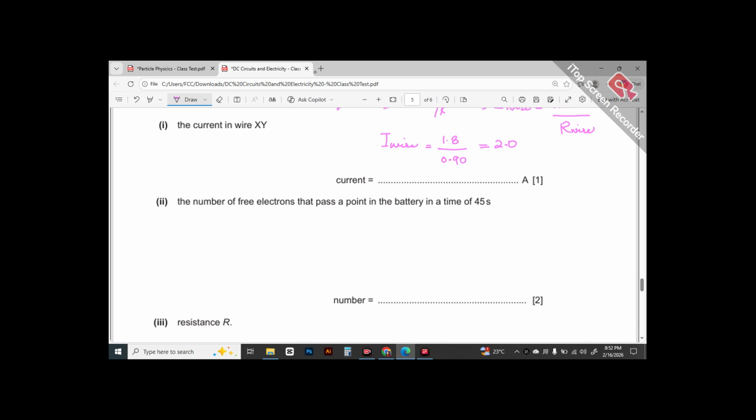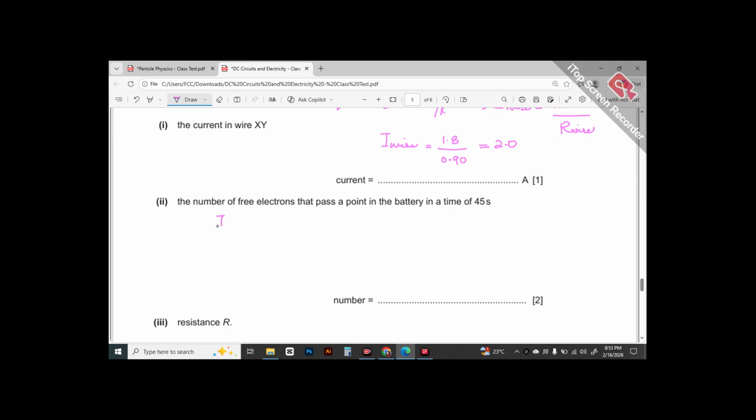We have to find number of free electrons. We cannot directly find free electrons, but yes, since we already know the current, using current and time, we can find the total charge passing in 45 seconds. And once we know the total charge passing, मुझे पता है charge on one electron क्या है, मैं divide करके देख लूंगी कि इस total charge में कितने electron का charge बन रहा है.